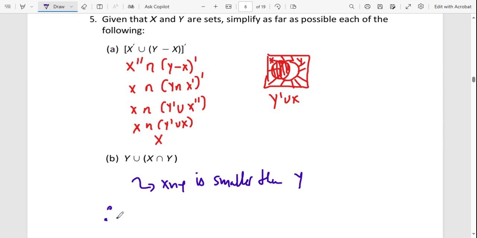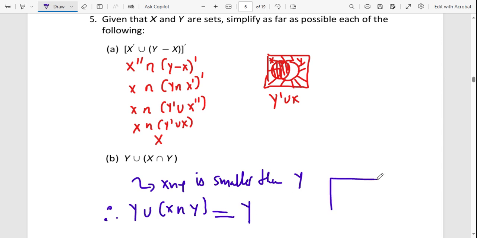Therefore, y union x intersection y, when you are finding the intersection of a set, you get a smaller set. But when you are finding the union of a set, you get a bigger set. So in this case, y is bigger than x intersection y. So y will be the answer.